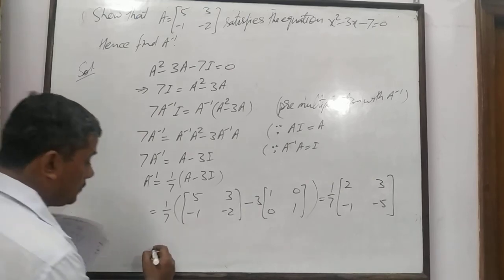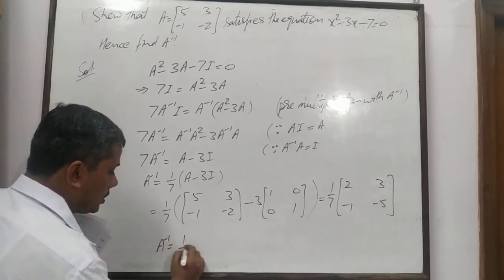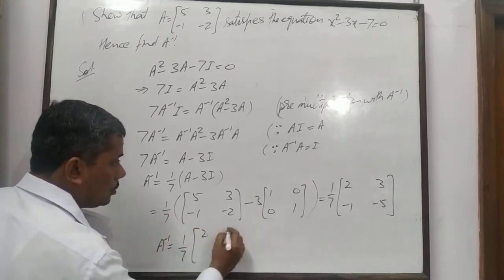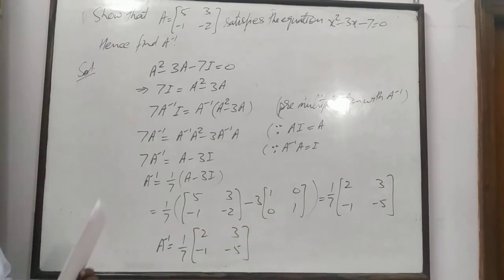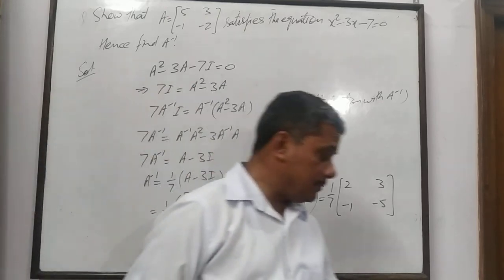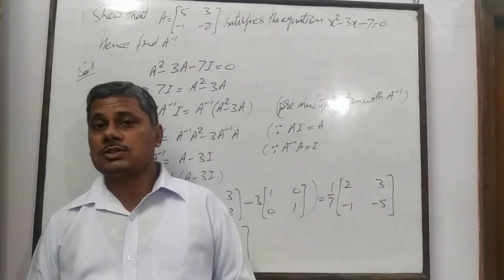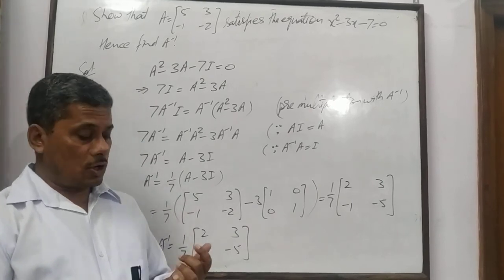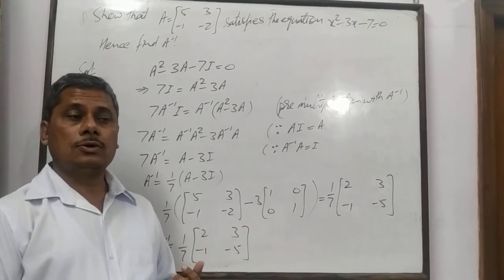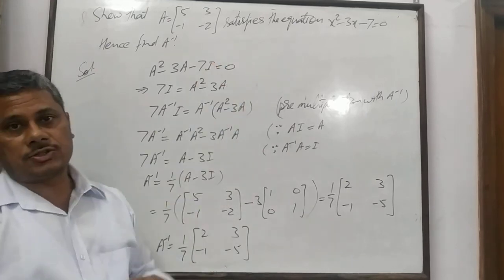So A inverse is 1 by 7 times 2, 3, -1, -5. So you can see we can find the inverse of a matrix by using elementary row operations, or by using adjoint of a matrix, or by using a matrix equation.